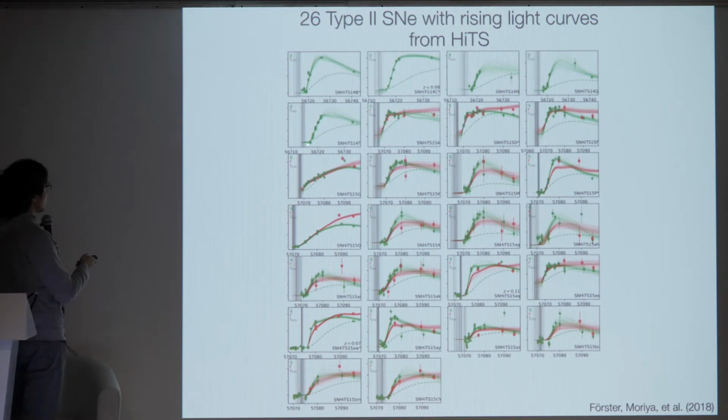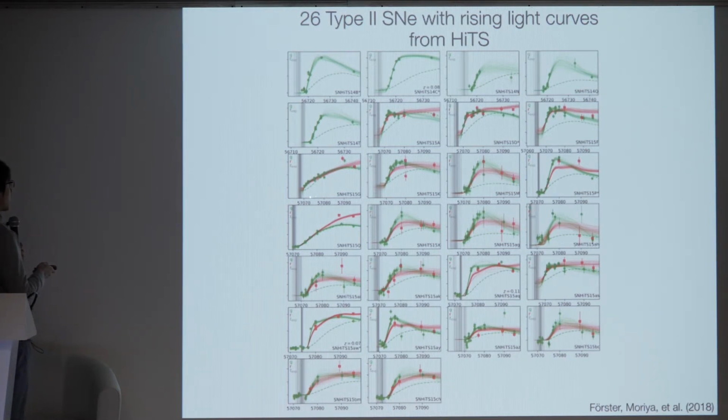When there's no circumstellar matter, then as I explained, the rise time is too long to explain the rise of type 2 supernovae in general. And these lines are light curve models with circumstellar matter, and the different lines show different parameters. But basically, when we have a dense circumstellar matter, you can better explain this rapid rise.